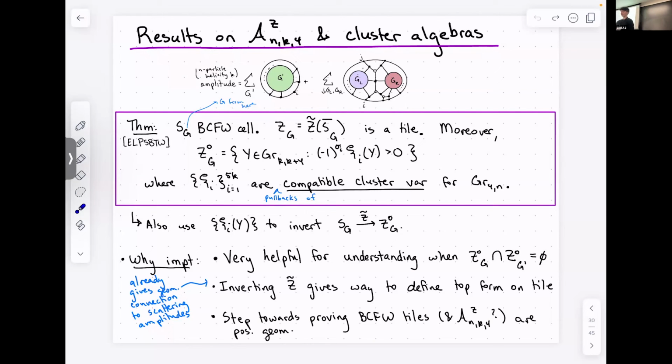The other thing is that this kind of semi-algebraic description is a step towards proving that these BCFW tiles, and maybe from there the whole amplituhedron, are positive geometries. If you want to prove something is a positive geometry, you need a semi-algebraic description, and this does that. And I should say, this top form you can define should probably be the canonical form of these if they're positive geometries.